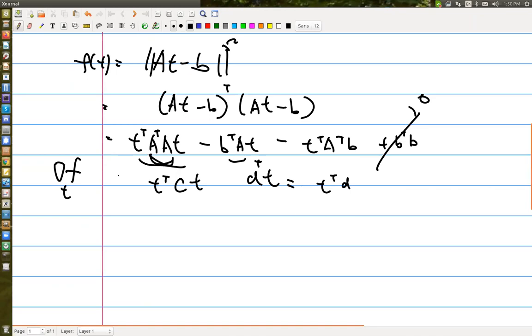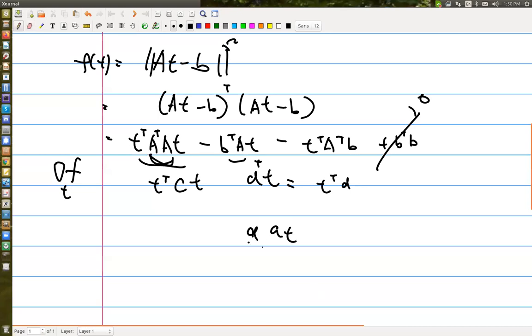If you take an analogy, consider the scalar case. Now t is a vector here, but if I degenerate to the scalar case, it would be something like at.